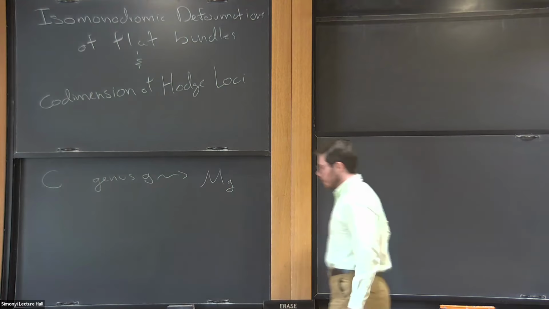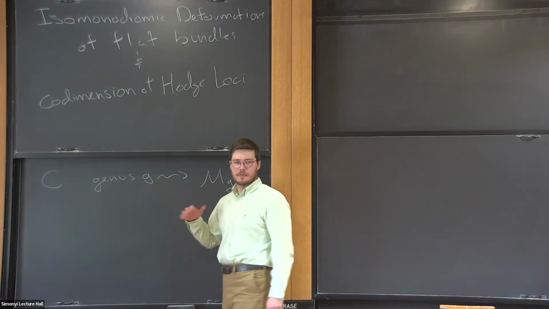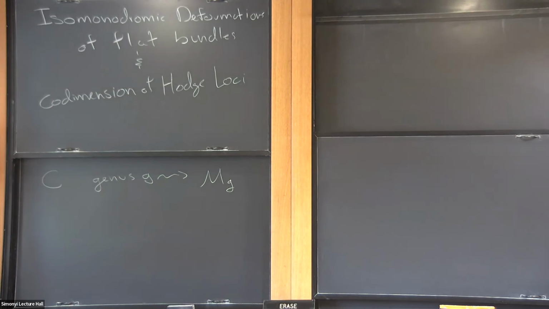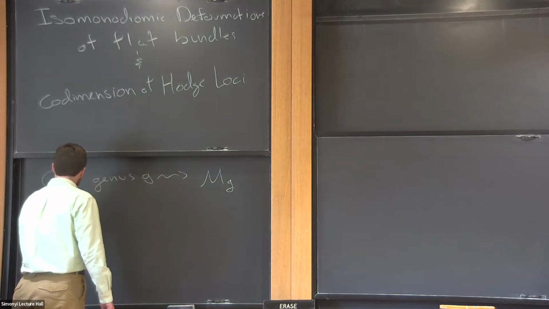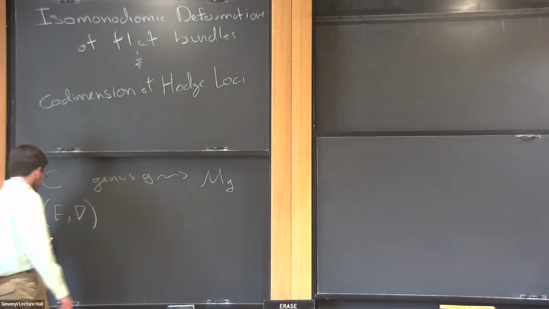One of the things that we like to study on varieties are vector bundles on them. And there's an enriched class of vector bundles that are called flat vector bundles. So these are vector bundles with a flat connection.